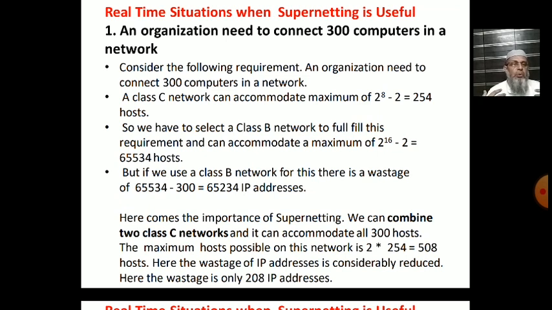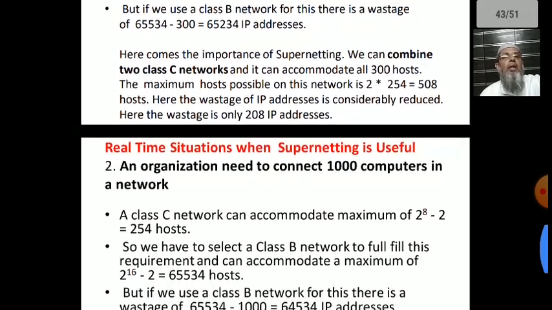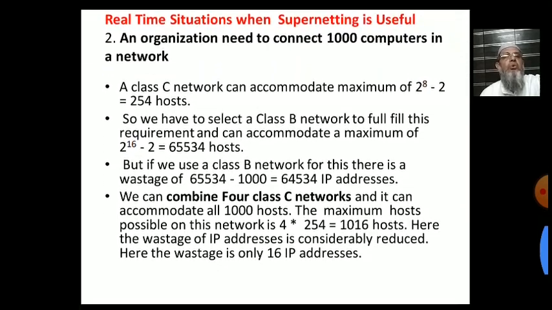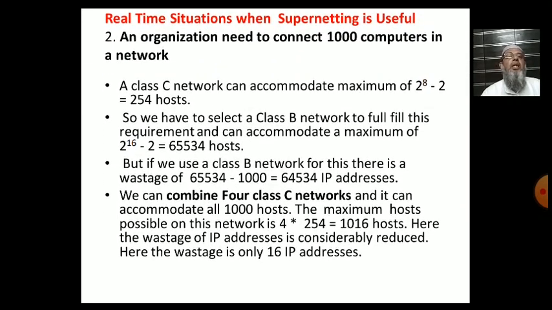We have to preserve the IP addresses for the use of various companies and organizations, so we'll not use that one. We'll combine the IP addresses of Class C. 2 networks will be combined, and that will be done through the concept of Supernetting.